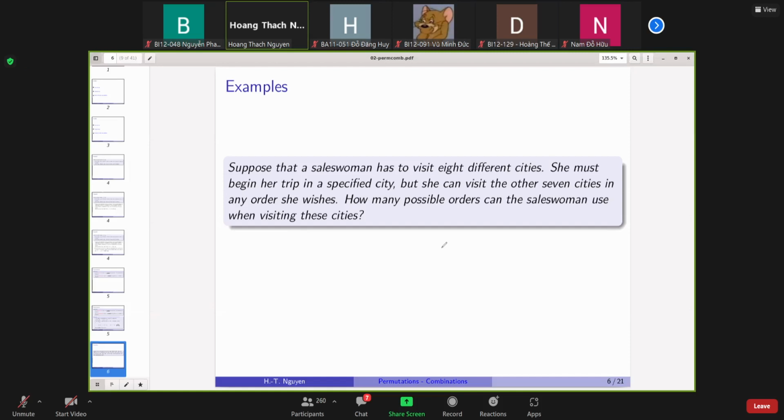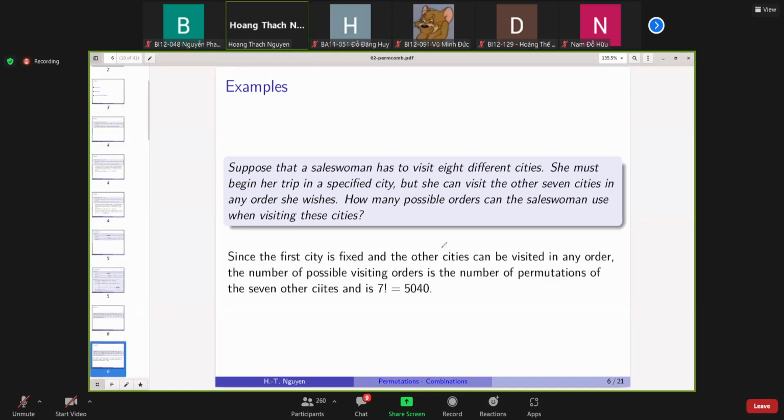In fact, each way to make that tour can be identified with an arrangement of the 7 other cities. So in other words, the number of ways to visit the cities is equal to the number of permutations of the 7 other cities.